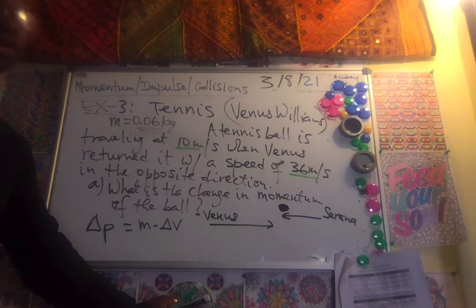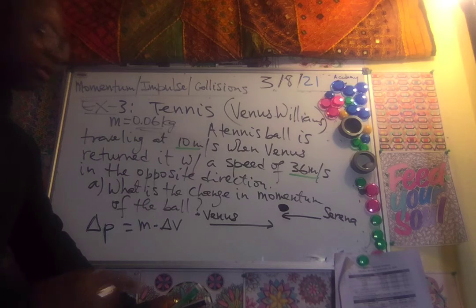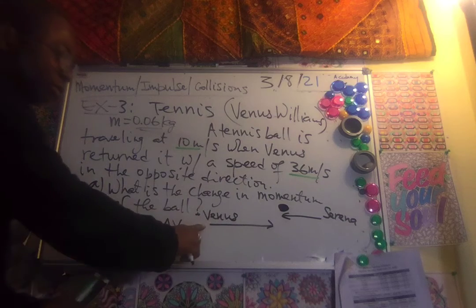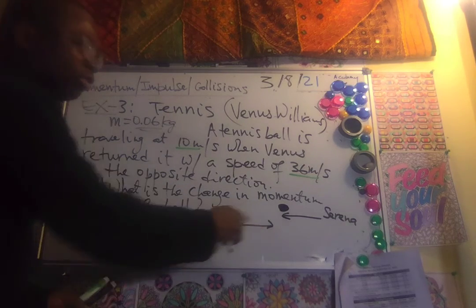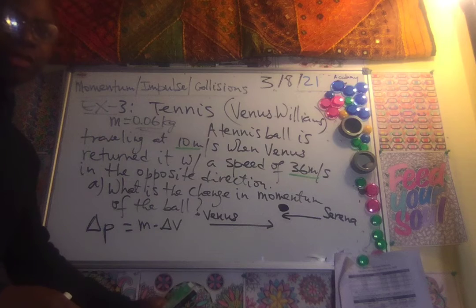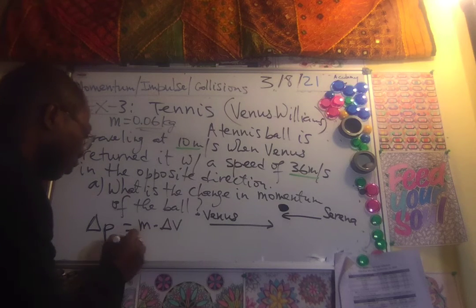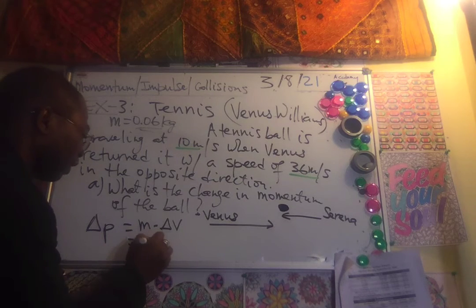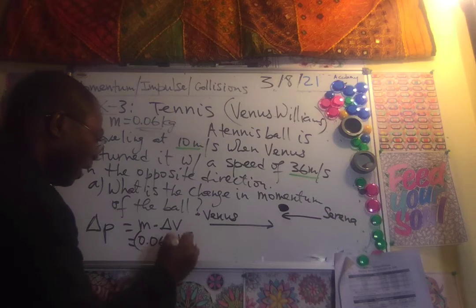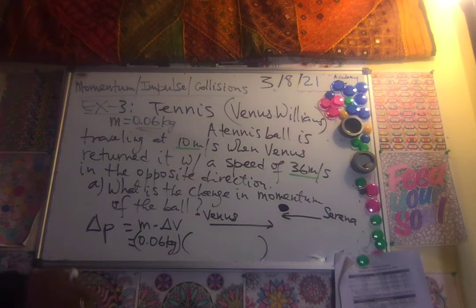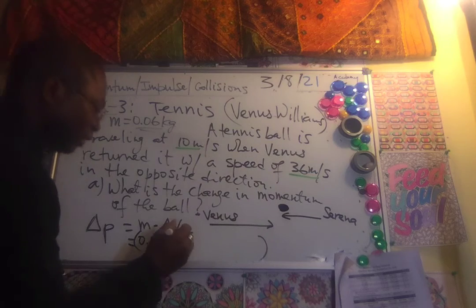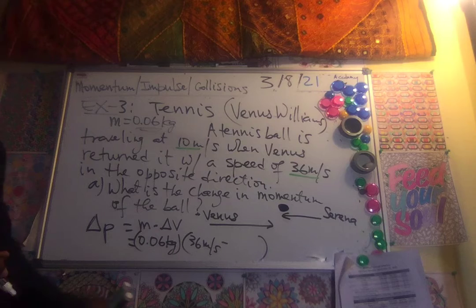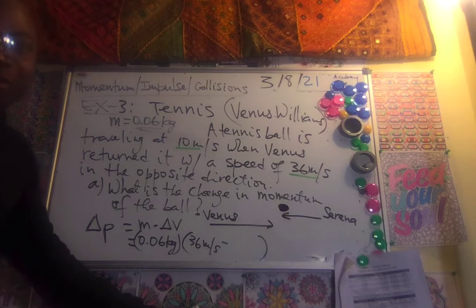So we could say the change in velocity is the final velocity, the velocity of Venus, minus the initial velocity, the velocity of Serena. So the mass, 0.06 kilograms, times the final velocity, which will be the 36 meters per second, minus the initial velocity.